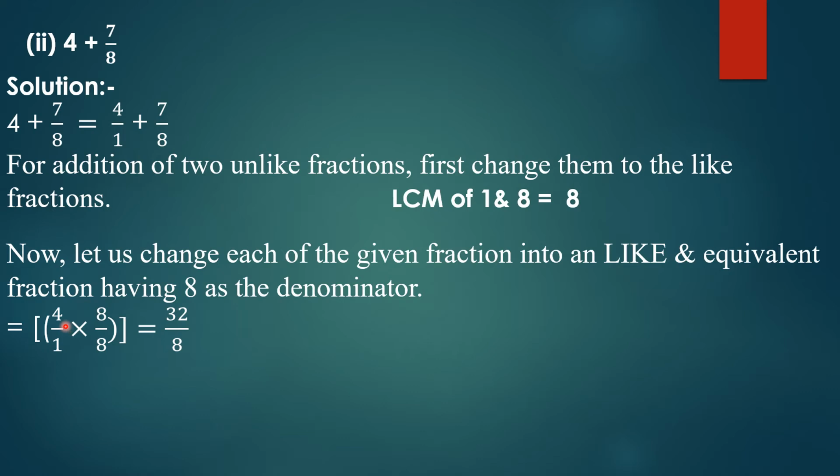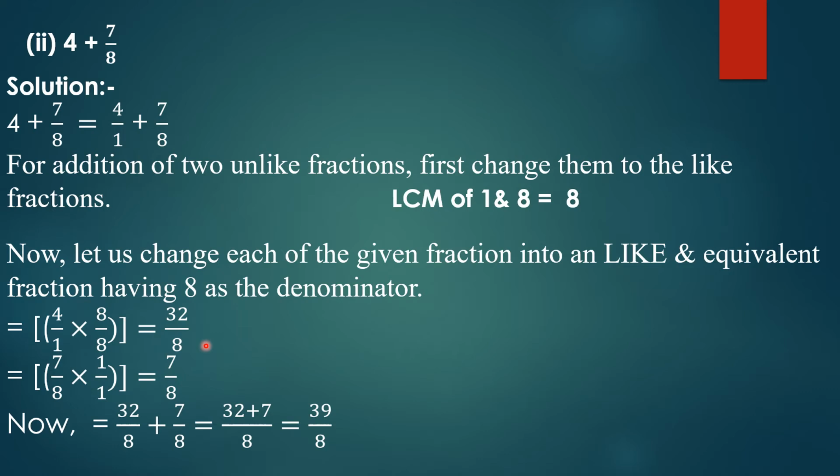Therefore this will become, 4 into 8 is 32 and 1 into 8 is 8, and the second one 7 by 8 into, already we have the denominator 8, therefore this must be multiplied by 1 and the numerator also multiplied with 1. Therefore this will become 7 ones are 7, 8 ones are 8, that is 7 by 8. Now what is 32 by 8? It is nothing but 4.